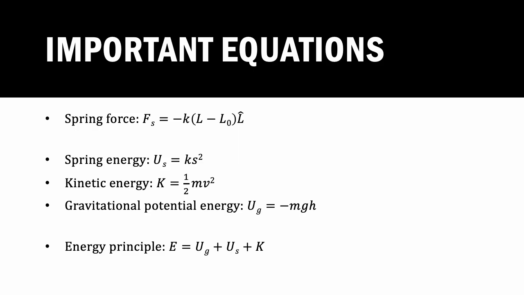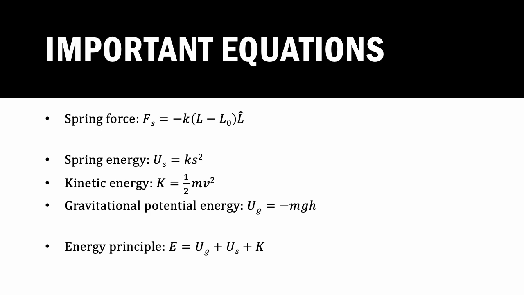Here are some of the important equations used in the calculations for this lab. The spring force is equal to the negative spring constant, negative k, times the change in length times L hat. Spring energy is equal to one half the spring constant times S squared, where S is L minus L initial.